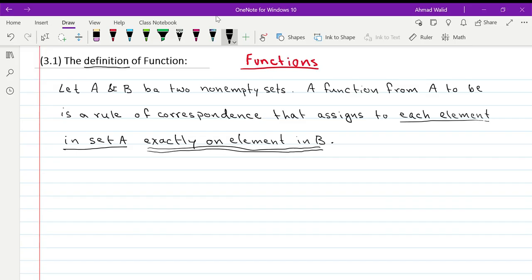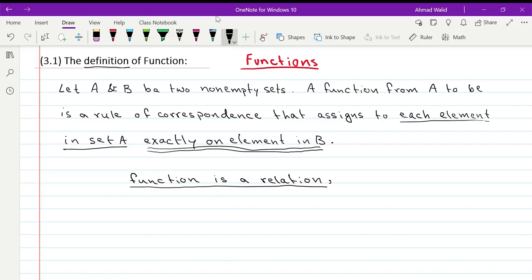Some people say function is a relation. It's really a good definition for function, but incomplete.